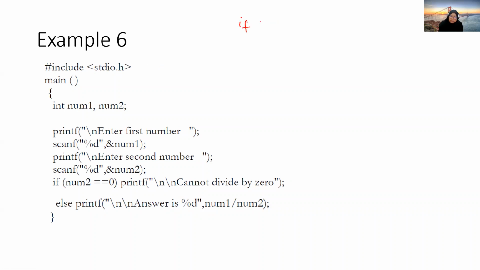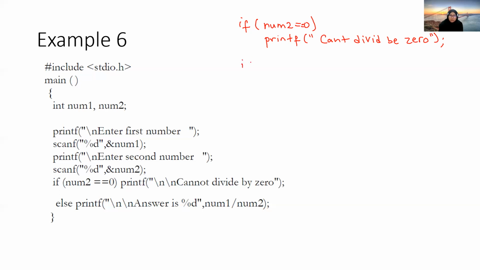If num2 equals to 0, double equal. Okay, and then I can say printf can't divide by 0. Okay, I purposely do the mistake because C programming doesn't care if you make a typo, spelling error or not. As long as the syntax is okay, then it will be evaluated.